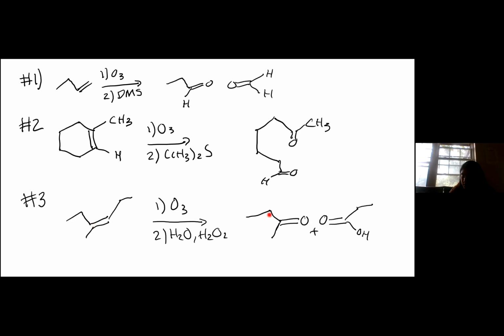This part right here, and then that carbon, instead of being double bonded to another carbon, is double bonded to an oxygen. And the same here, except there's a hydrogen right here. You can see that this hydrogen was replaced by an OH, and now this is a carboxylic acid. And this is a ketone. Does that make sense? Are there any questions?